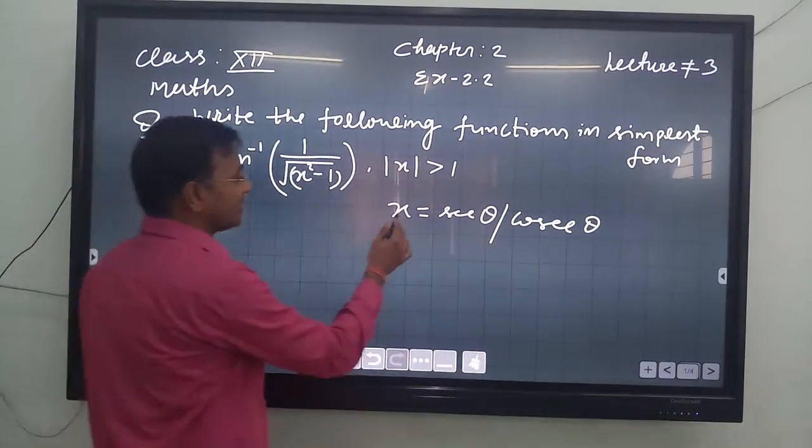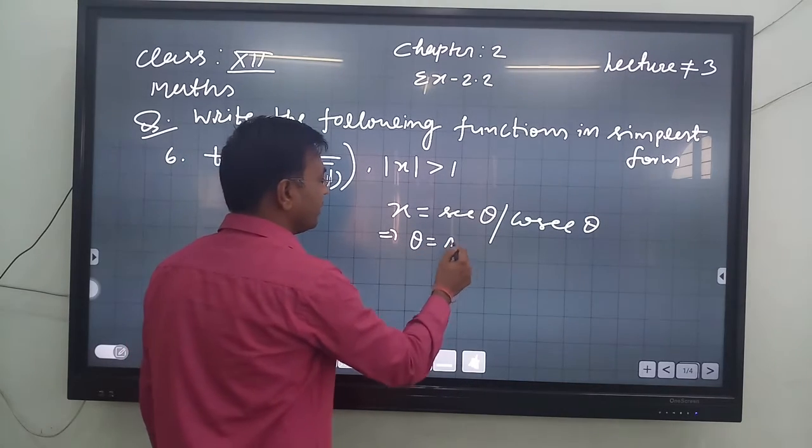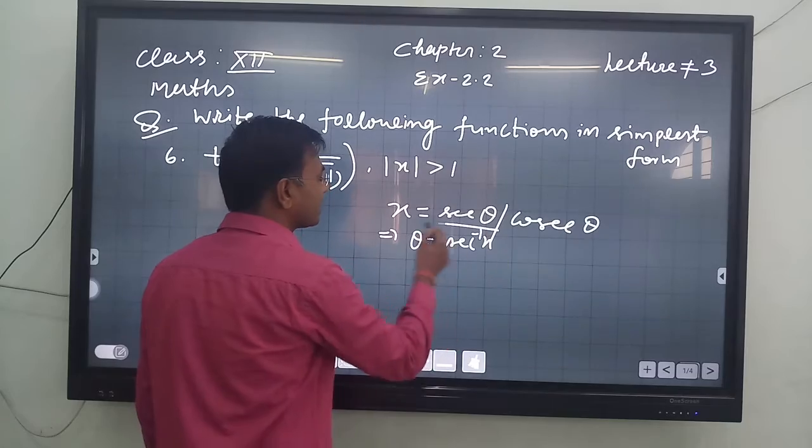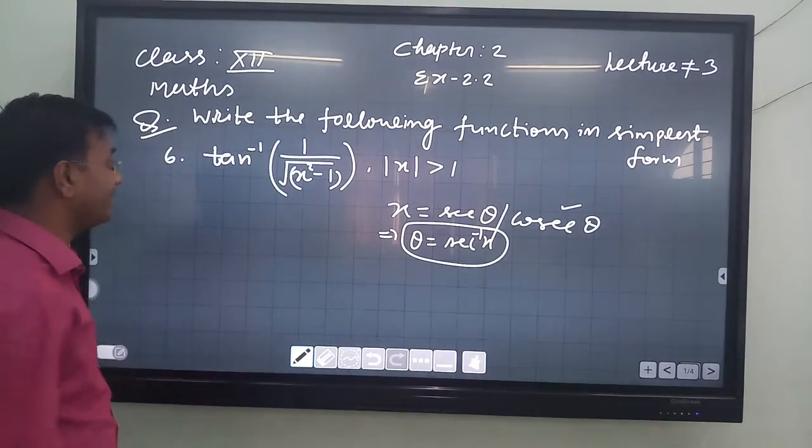So now put x equal to sec theta. So we are taking sec theta, then theta will be sec inverse x. You can solve the same question by putting cosec theta, and you will get the answer.